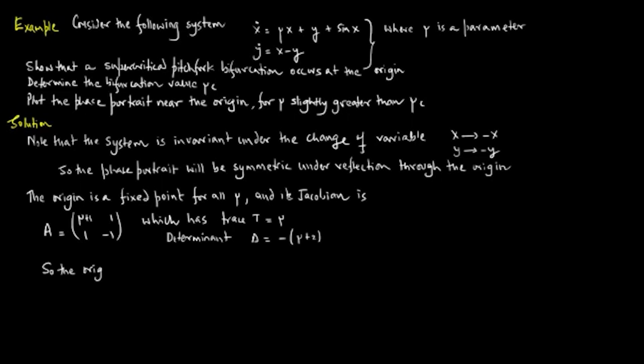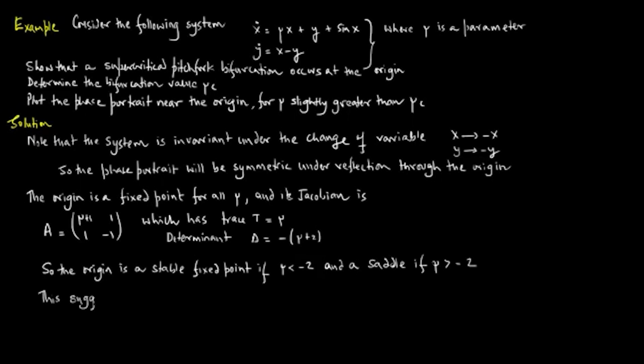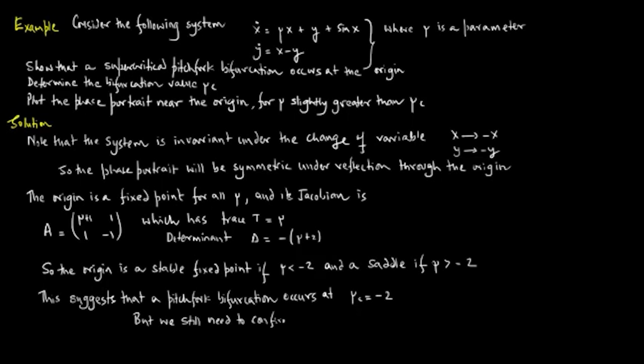So the origin is a stable fixed point if mu is less than minus 2 and a saddle if mu is greater than minus 2. So this suggests that a pitchfork bifurcation occurs at mu critical is minus 2, but we still actually need to confirm this.